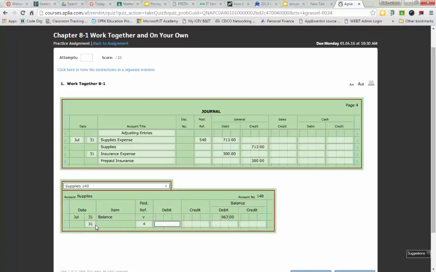I am crediting supplies for 713, but I have a debit balance, so I need to take 963 minus 713, which gives me 250, and that is my new balance for supplies. Would you agree? The last thing I do is put account number 140 back up on top.